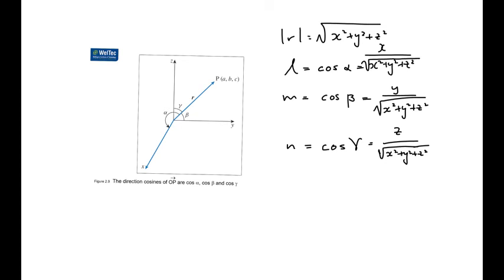And again you can prove that L squared plus M squared plus N squared is equal to 1. It's the same kind of thing as we saw in 2 dimensions. You can prove it algebraically.